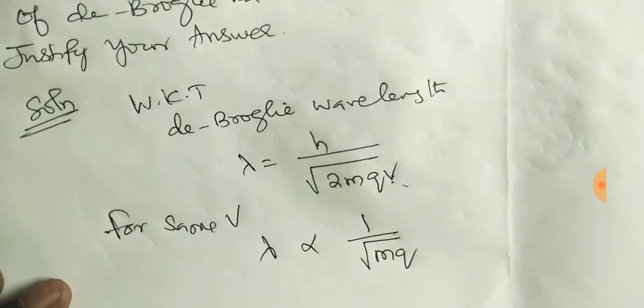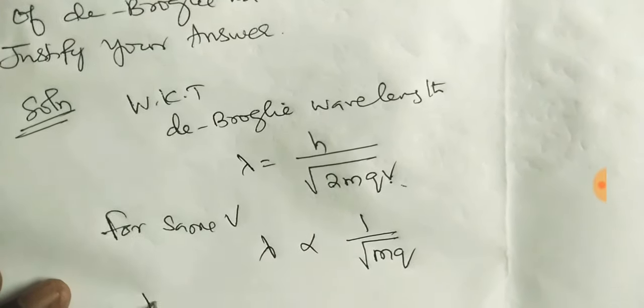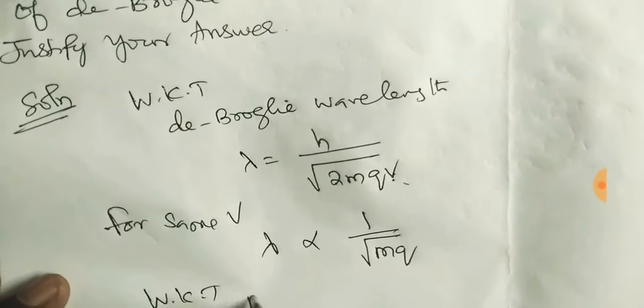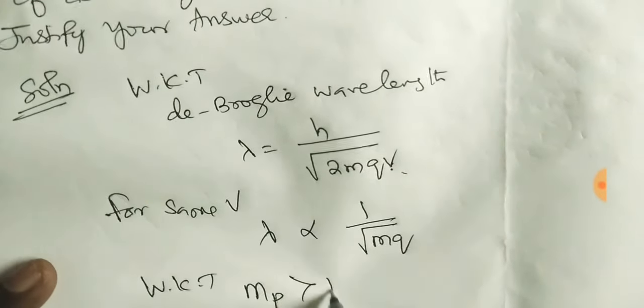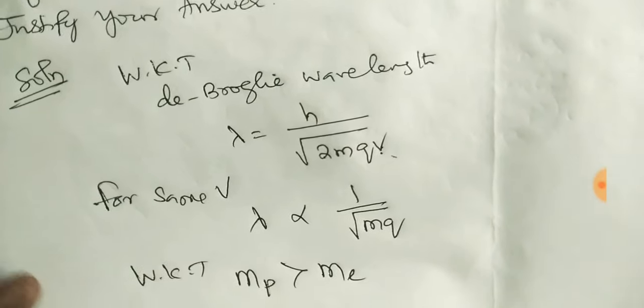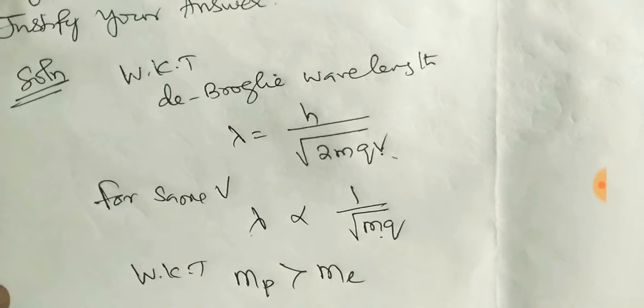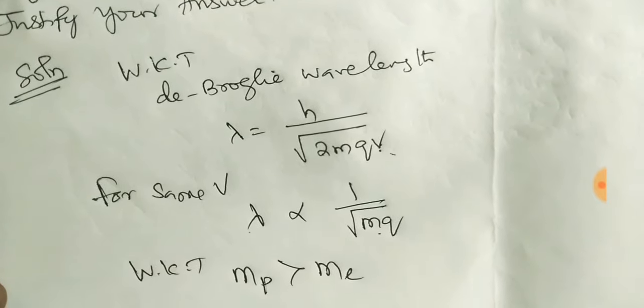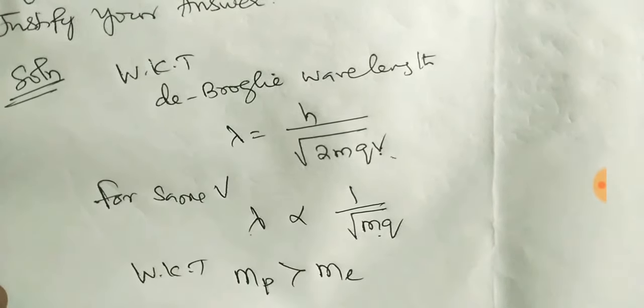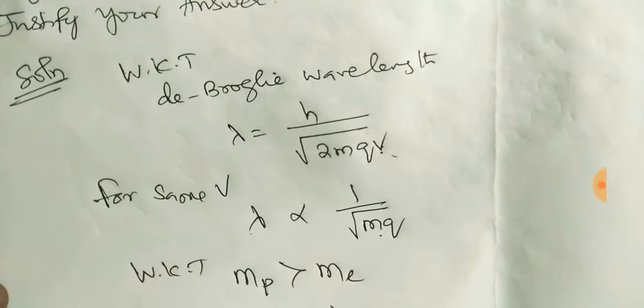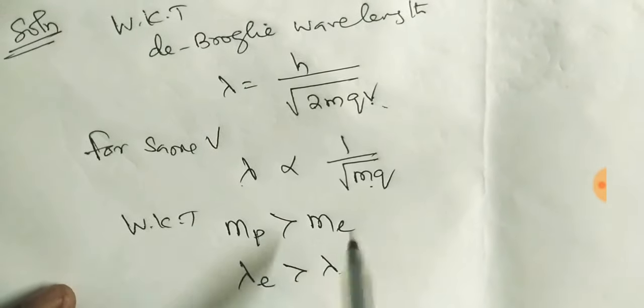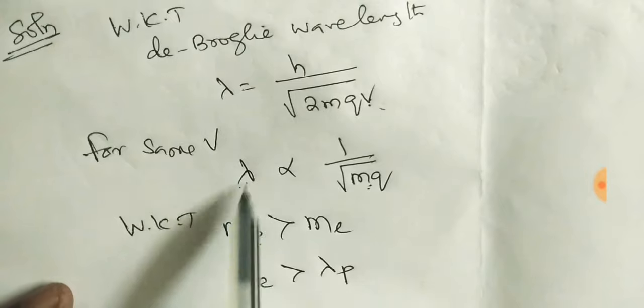Generally we know that the mass of the proton is greater than the mass of the electron. Very simple: the mass of the proton is larger, so lambda will be smaller.